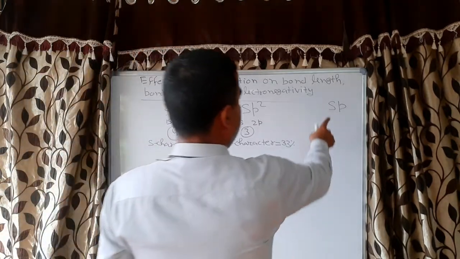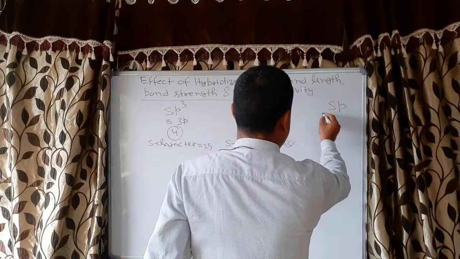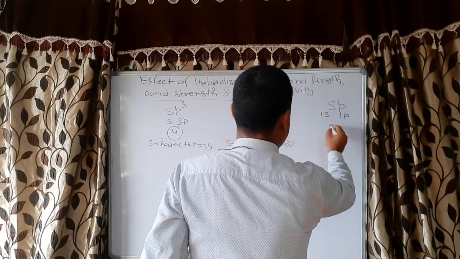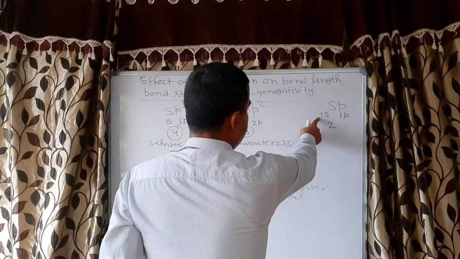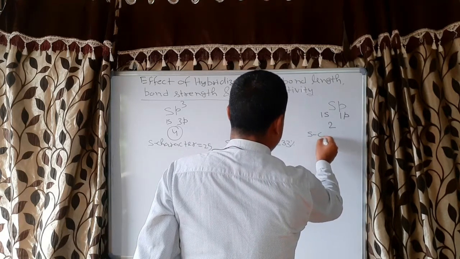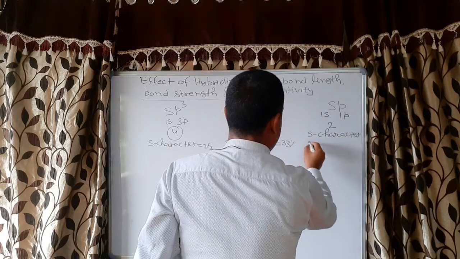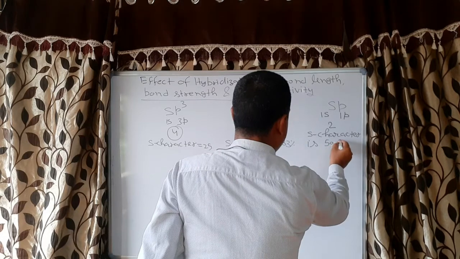Now come to the sp hybridized orbital. In the sp hybridized orbital there is one s and one p, so the total is 2 orbitals. Out of the 2 orbitals, 1 is an s orbital. It means the s character is 50%.